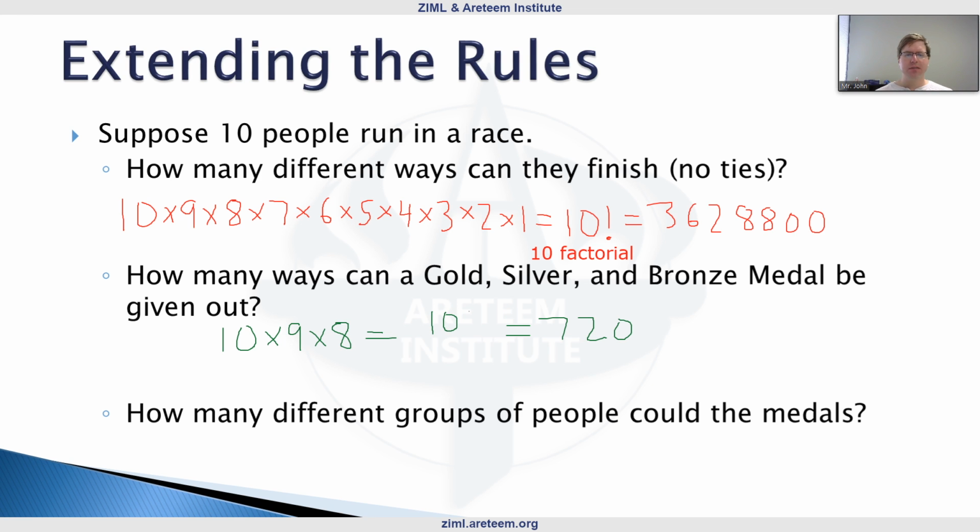So this is very similar to the previous problem. We have a 10 factorial here, except we're missing the 7 factorial. So this is 10 factorial, but missing 7 and down. So how do we fix that? Well, you can just divide by 7 factorial.